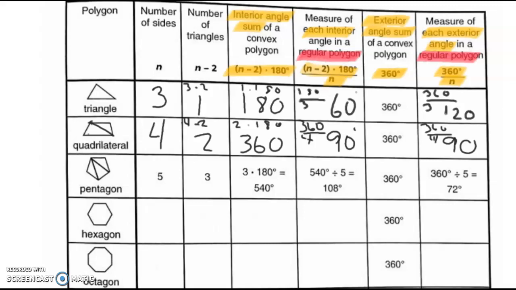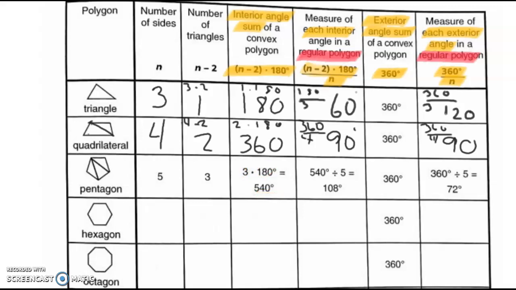So then we have 5, a pentagon, 5. I'm starting at one of the points, and I am making diagonals from that one point. Okay, so I can draw two diagonals. That gives me 1, 2, 3 triangles. The 3 triangles times 180 gives me the sum 540.